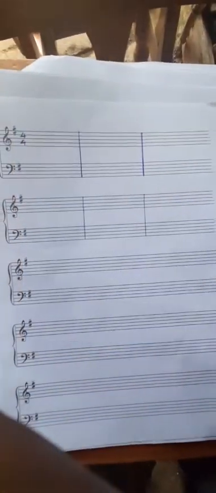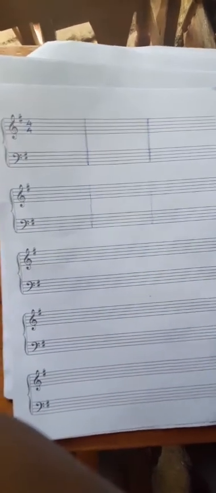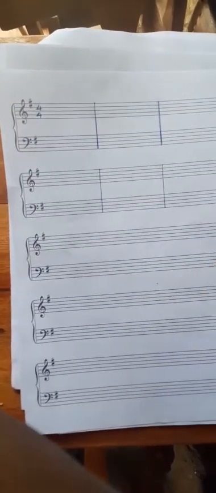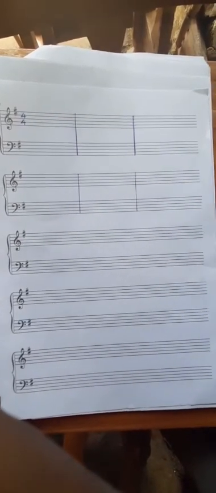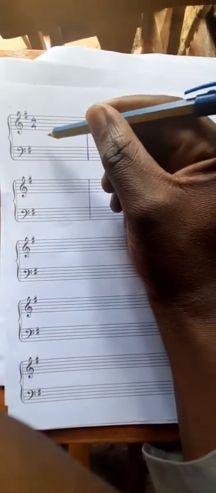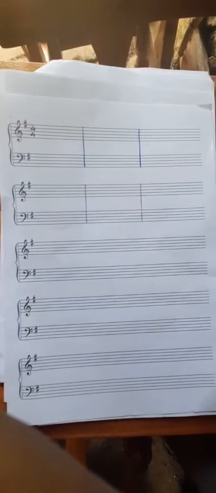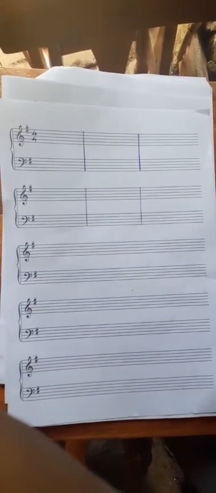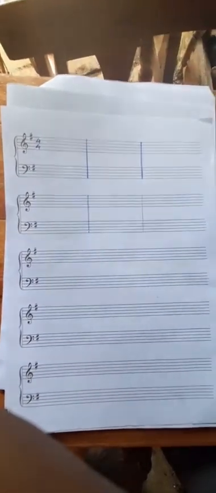Good. Now on this piece of blank music sheet, let me assume that I want to compose music, and the time signature that I'm going to use is 4/4. So I want you to listen keenly, because I want to tell you what 4/4 means.